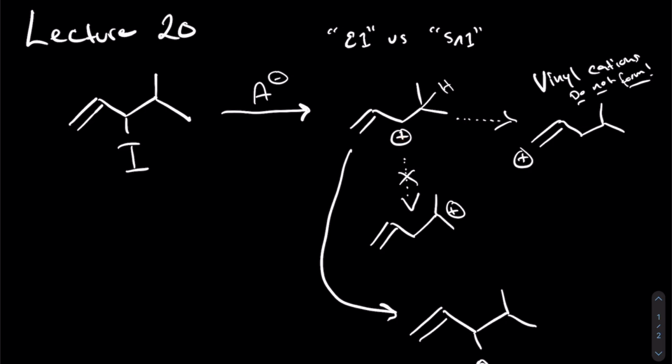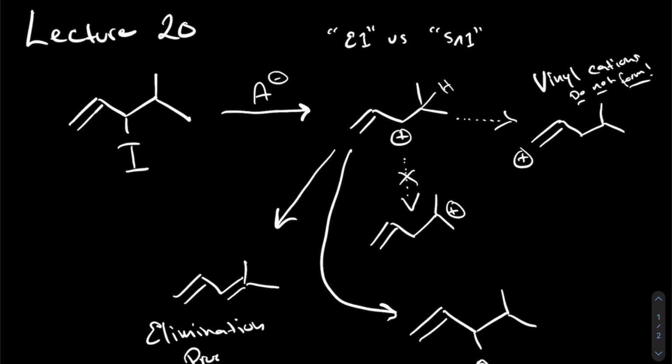That product would then make a more stable, lower energy double bond. So this would be your elimination product, and this would be your substitution product.